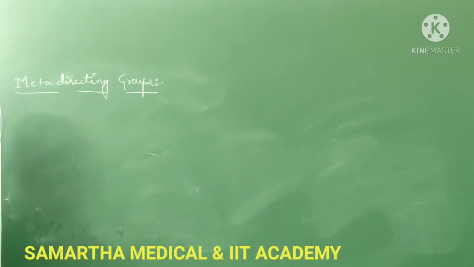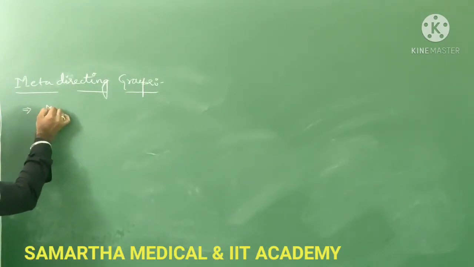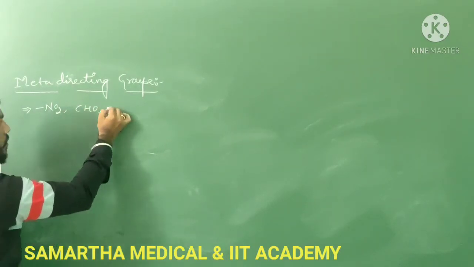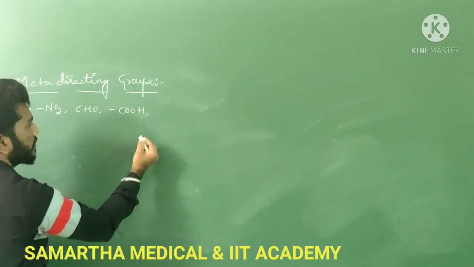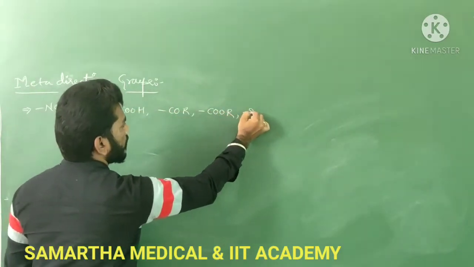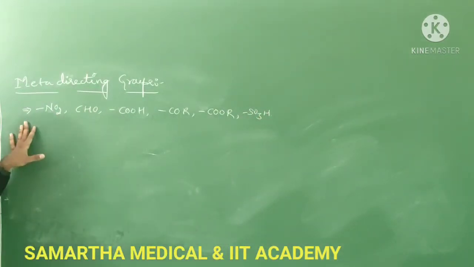Examples of meta directing groups are NO2, CHO, COOH, COR, COOR or SO3H, guys.